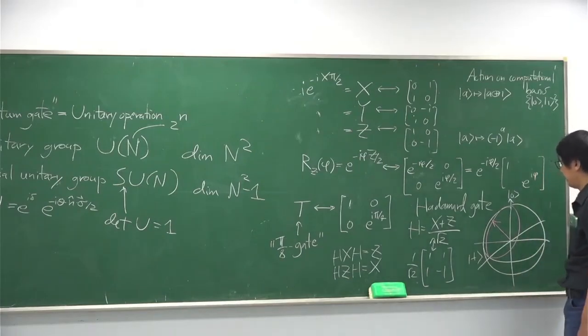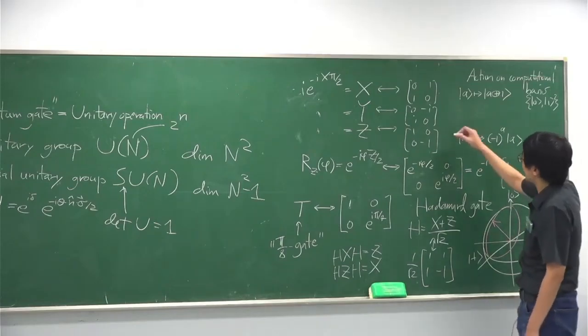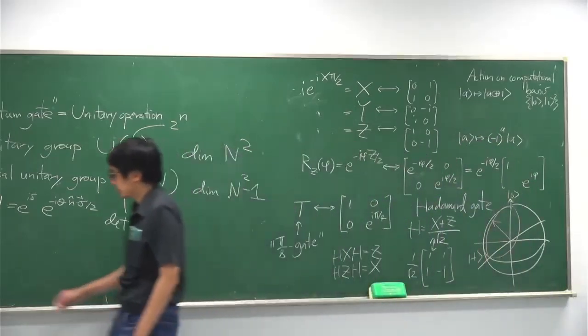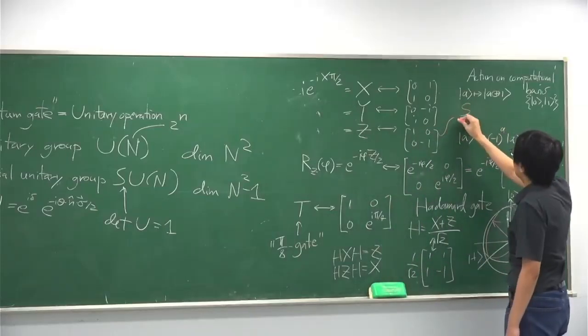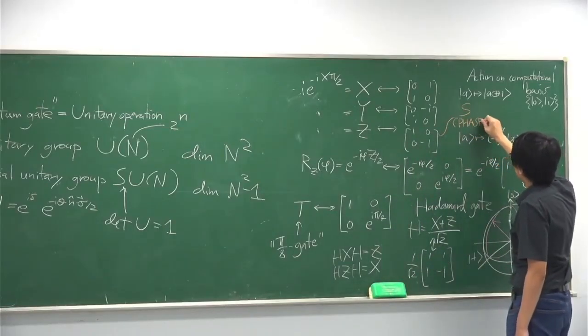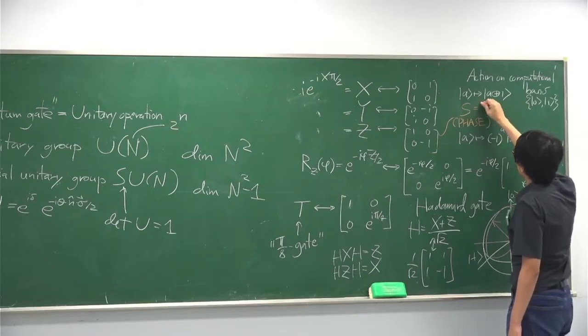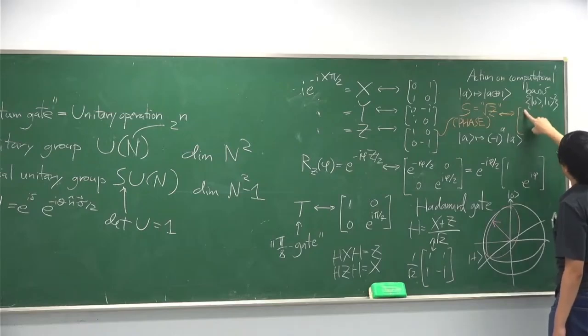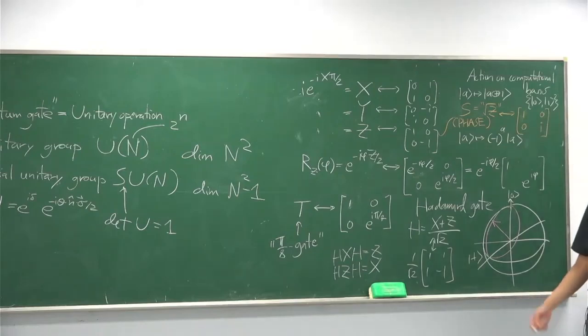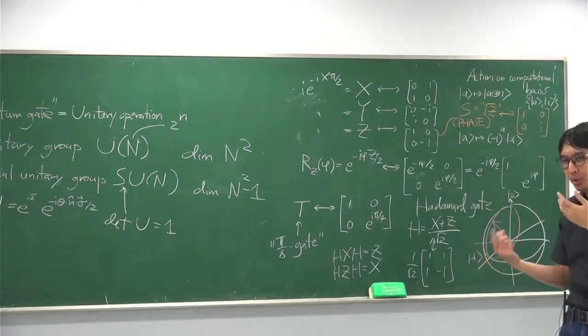Actually we can define another one. In the literature, the S gate or the phase gate is basically the square root of Z. Let's just take the square root of -1, get i, and this is a rotation by pi over 2 on the Bloch sphere.